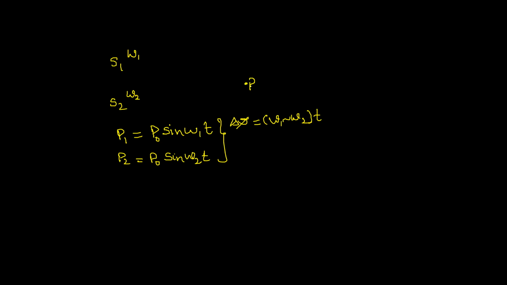And here we are saying the difference of frequencies must be small. Why? Because for human beings, persistence of hearing is 1/10 of a second. That means if the difference is more, we cannot hear clearly.